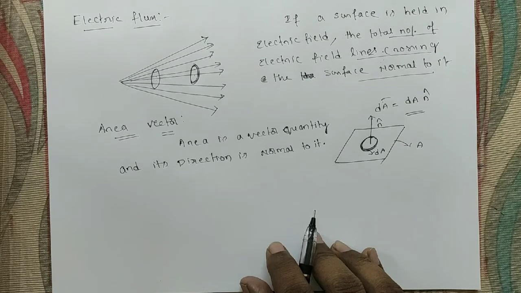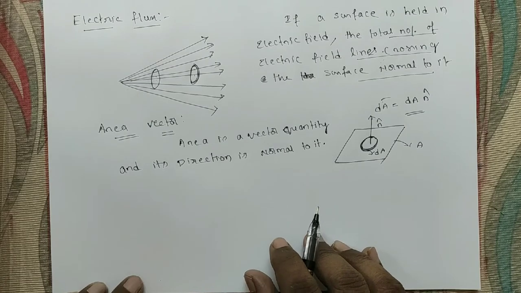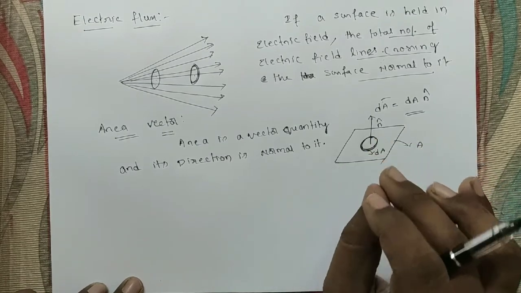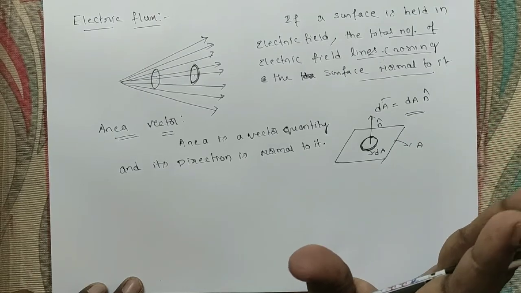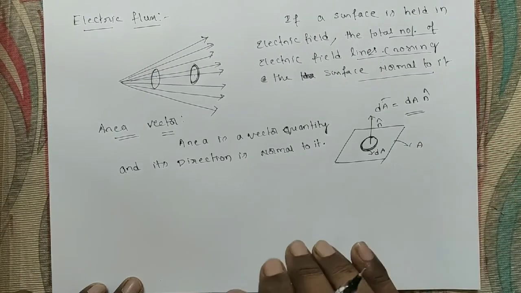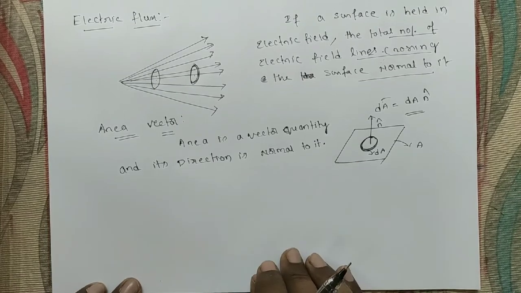If it is kept parallel to the field lines, what is the number passing through it? And if it is neither perpendicular nor parallel but makes an angle theta with the field, how is it done? Based on these, we can generalize one expression for electric flux. Remember that electric flux is the total number of electric field lines passing through a given surface when the surface is held in the electric field.